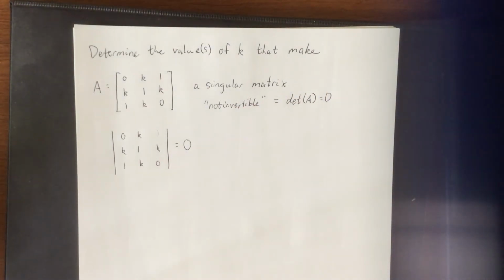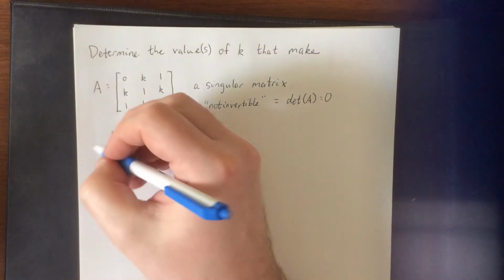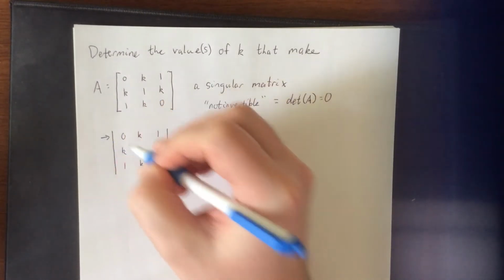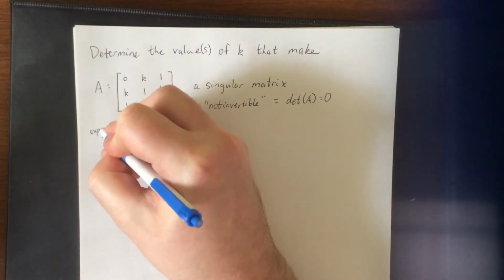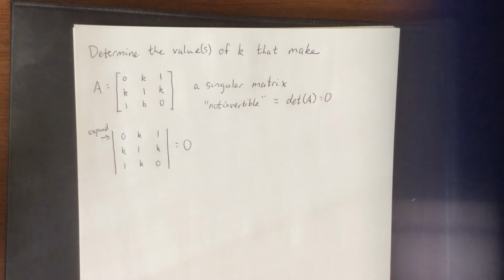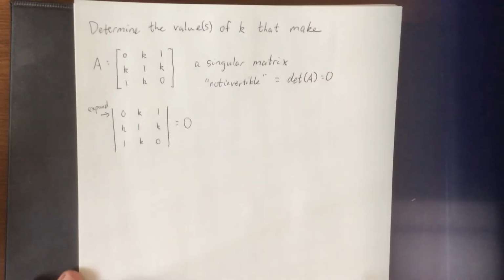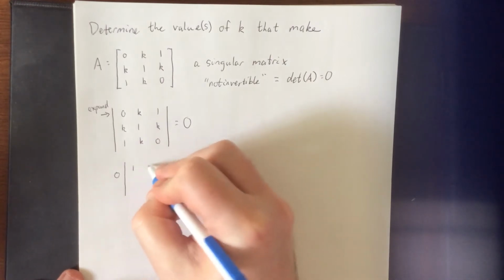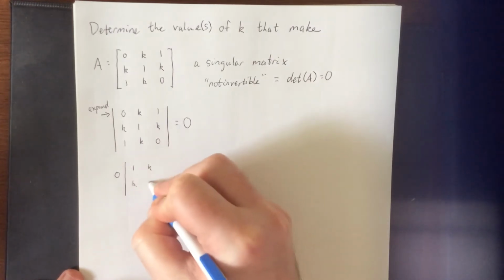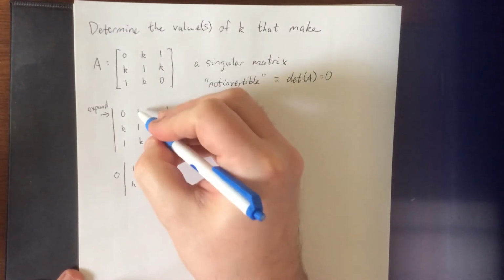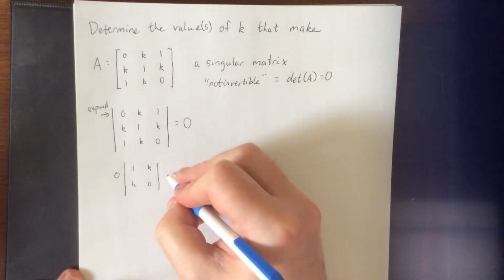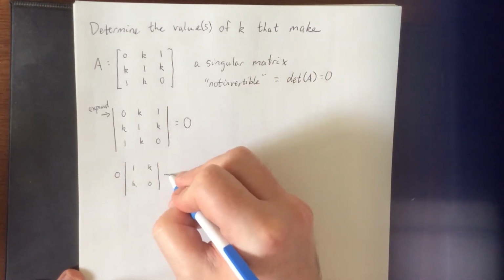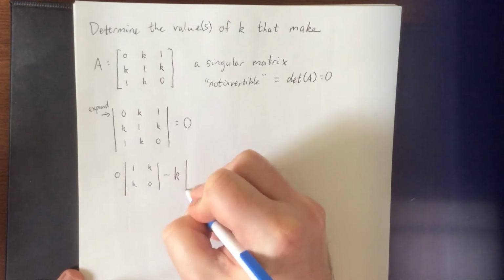Now as far as actually determining what this determinant is equal to, I am going to do a cofactor expansion across the first row. So for this cofactor expansion, we will be multiplying the 1,1 entry times the 1,1 cofactor plus the 1,2 entry times the 1,2 cofactor. The 1,2 cofactor will contribute a negative.